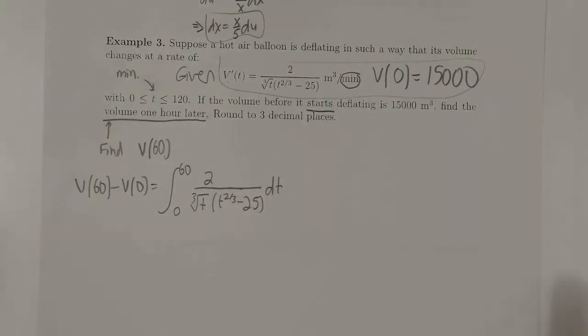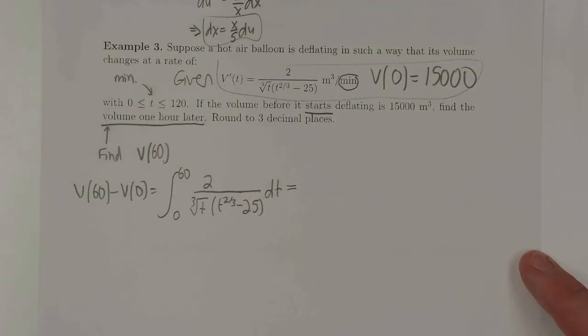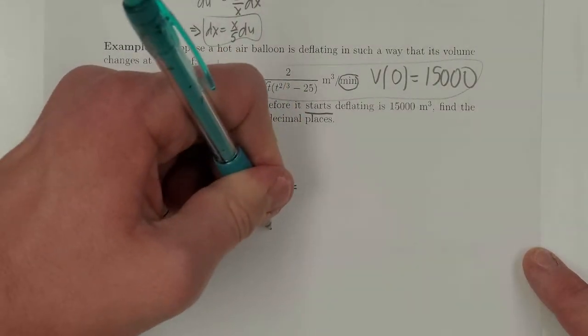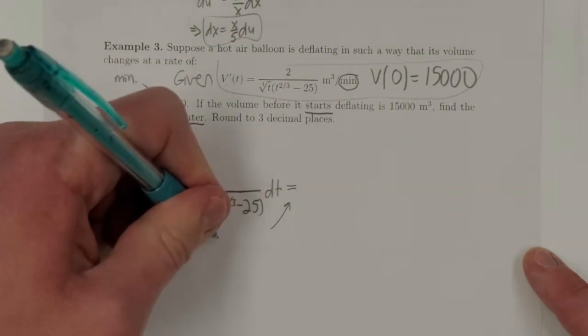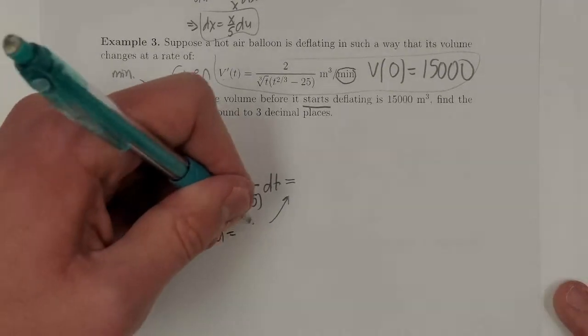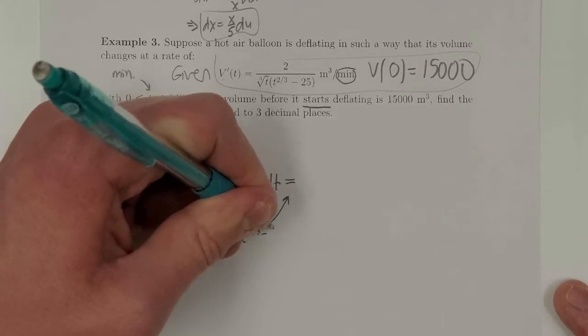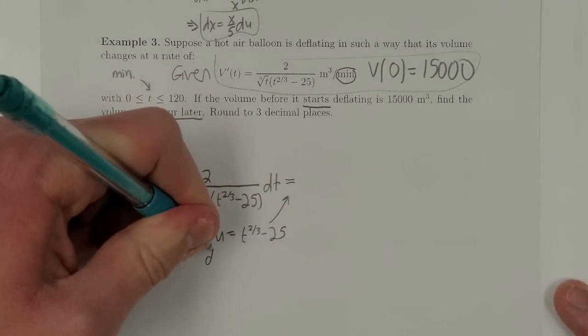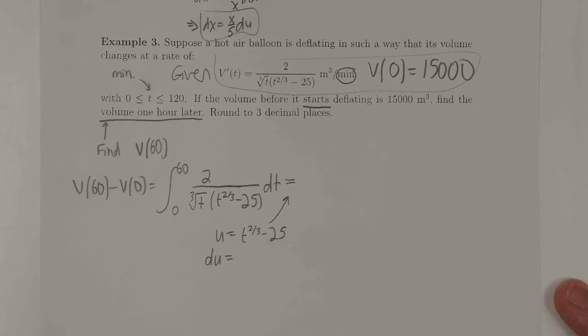Okay? So, since we're still in substitution land, what would be a good u substitution to work with here? Based off of what you are seeing in this integral. t to the 2/3 minus 25. Yep. t to the 2/3 minus 25, right? Because what you notice is that if you take its derivative, then you should end up with what?